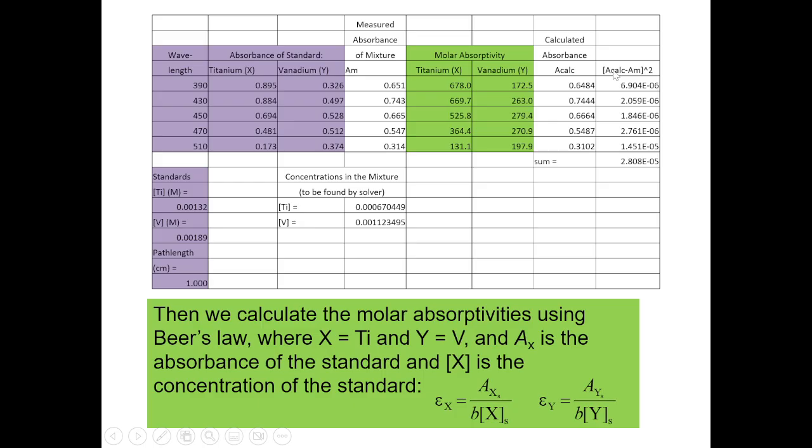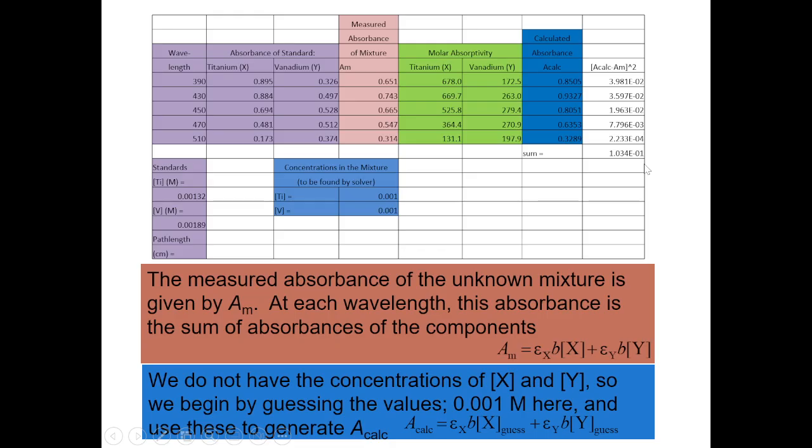See, that's the absorbance calculated minus absorbance of mixture. We square them. And these are the values we get here. We would then take the sum, which is that right there. All right, so the measured absorbance of the unknown mixture is right here. That's that A of M. This is at each of these wavelengths.